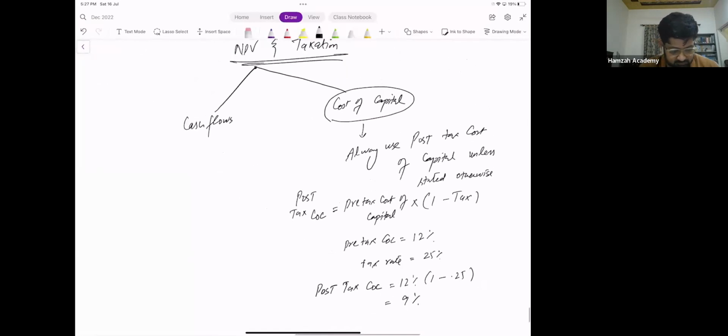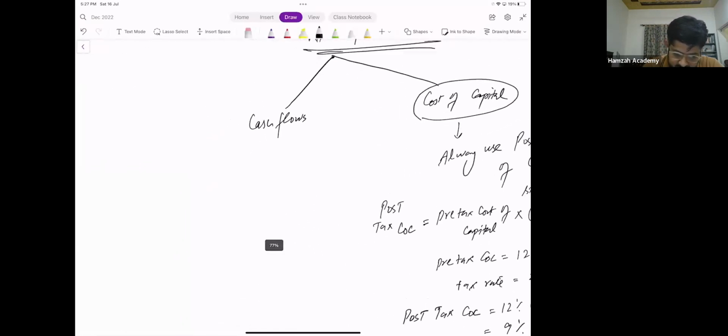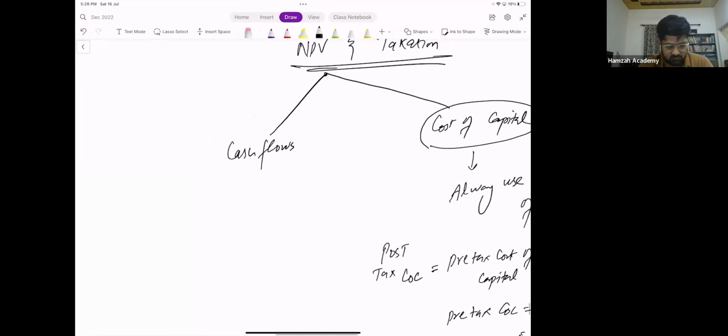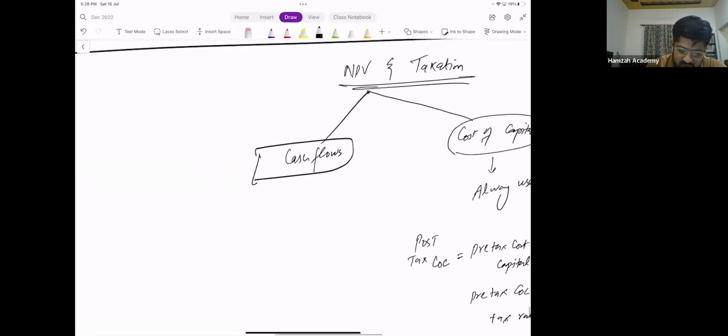Now, cash flows. The impact of taxation is on two sides.